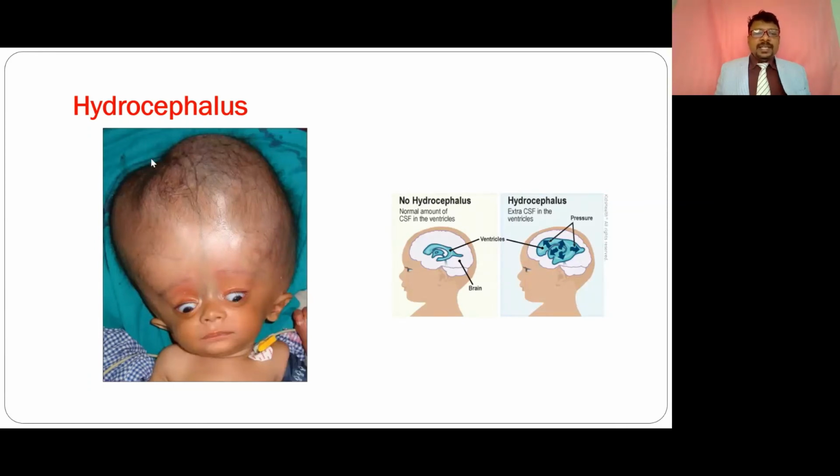It may be congenital or acquired, so after birth also the baby may get it. If we measure properly, we can identify the defect of this baby, so we have to measure properly.